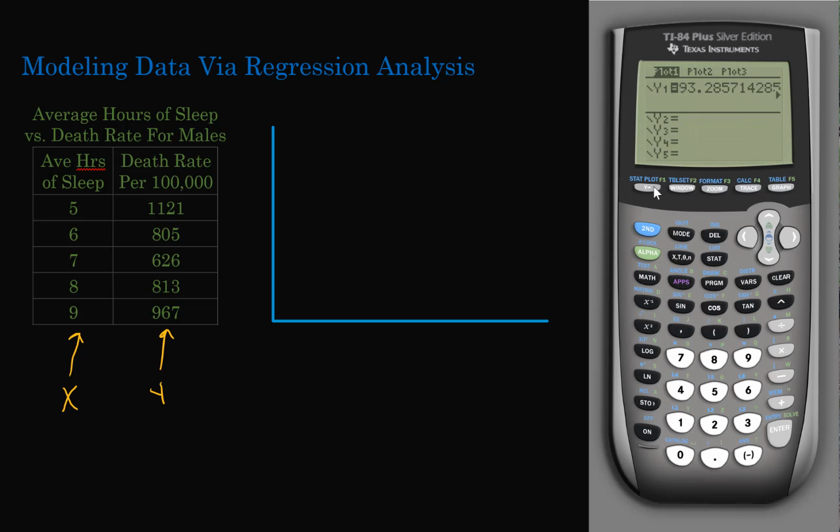So I'm going to put down that the equation that I'm going to use for this data is going to be y equals 93.286. And let's see here. I want to scroll to the right.